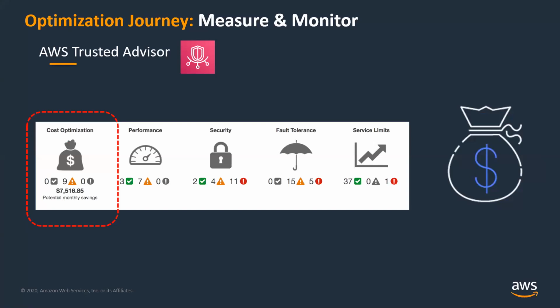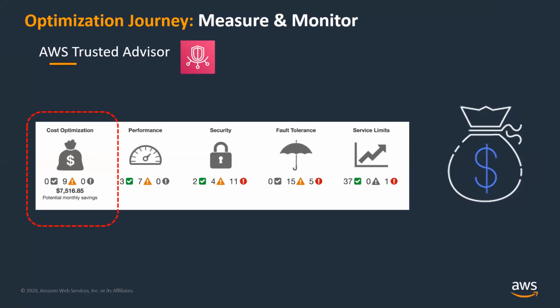So the first tool is Trusted Advisor. You can see on screen, it is an online tool that provides you real-time guidance to help you provision your resources following AWS best practices. And basically, it helps you to optimize your AWS resources, increase security and performance, reduce your overall cost, and monitor service limits.